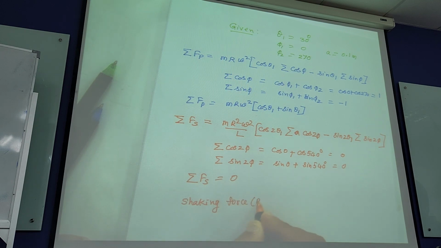The shaking force or resultant force S is only m r omega square into cos theta 1 plus sin theta 1.